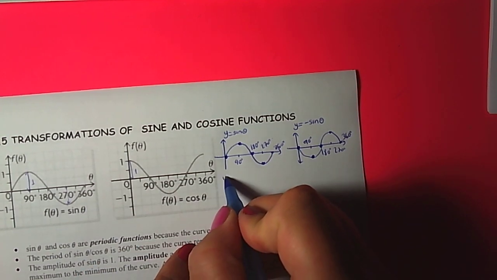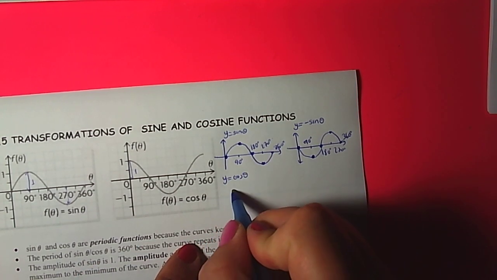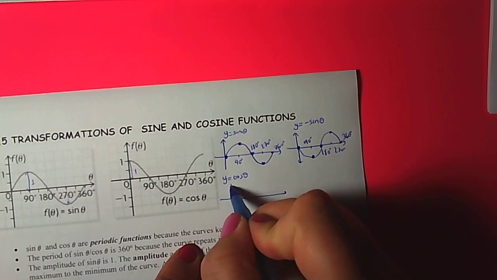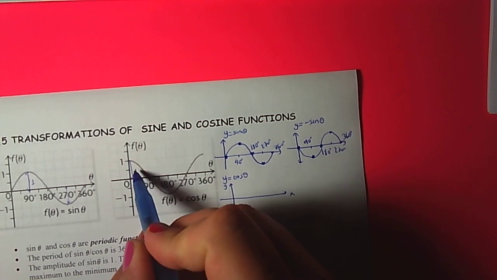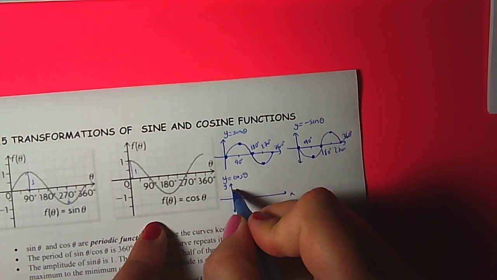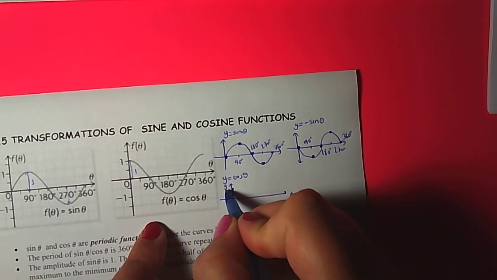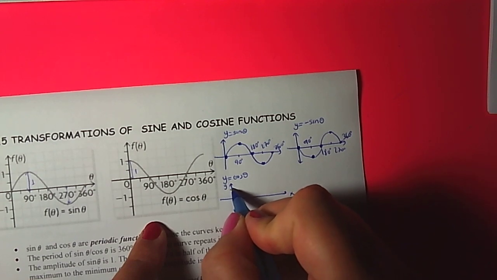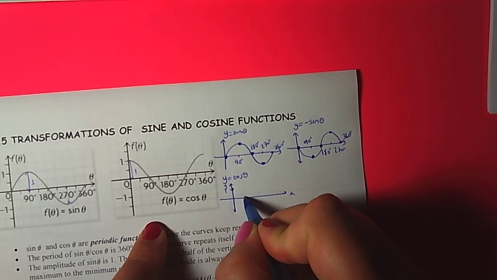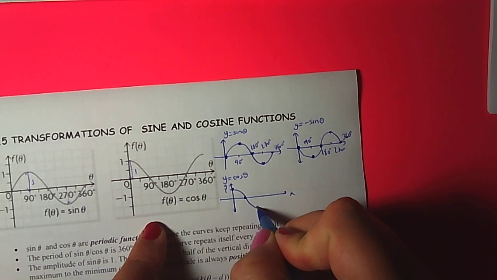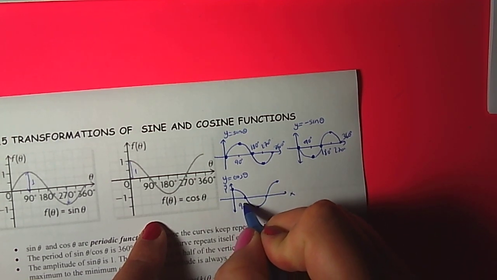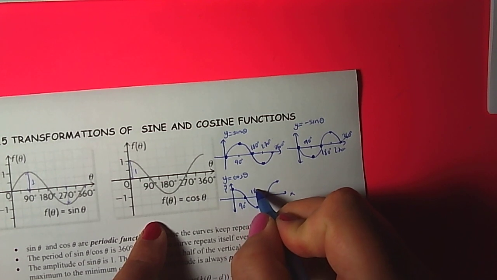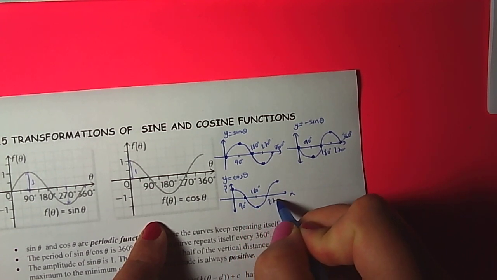So if we have y equals cos theta, again using the key points, we can sketch it, and we start from a maximum, which is 1, y value is 1, and then we go to the 0, go to the minimum, go to the 0, and go to the maximum. Again, those key points are happening every 90 degrees.